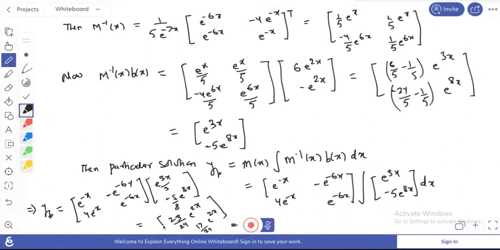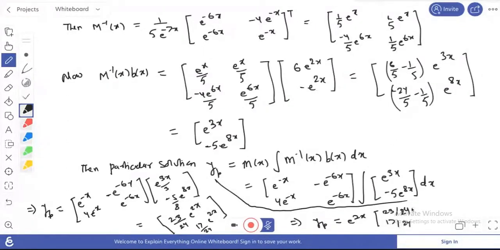So what is your particular integral? If you take e to the power 2x outside, this becomes 23 by 24 and here 17 by 24. This is your particular solution.